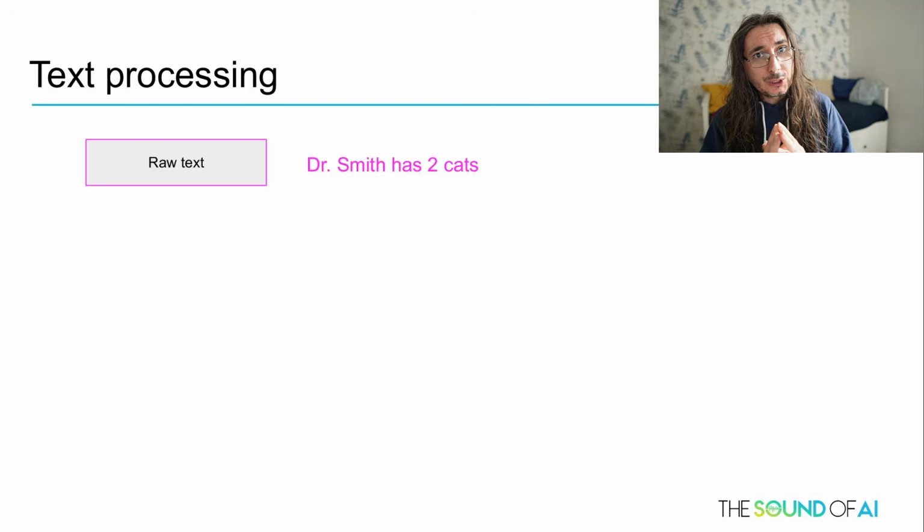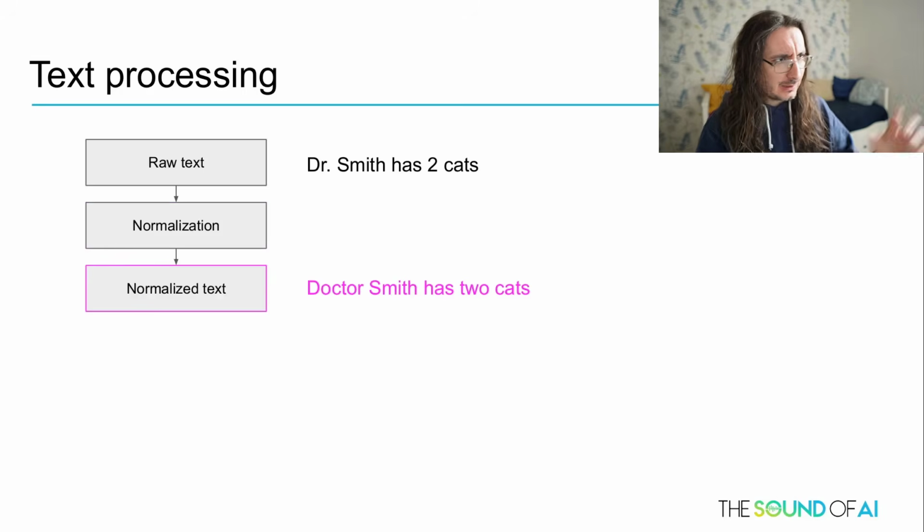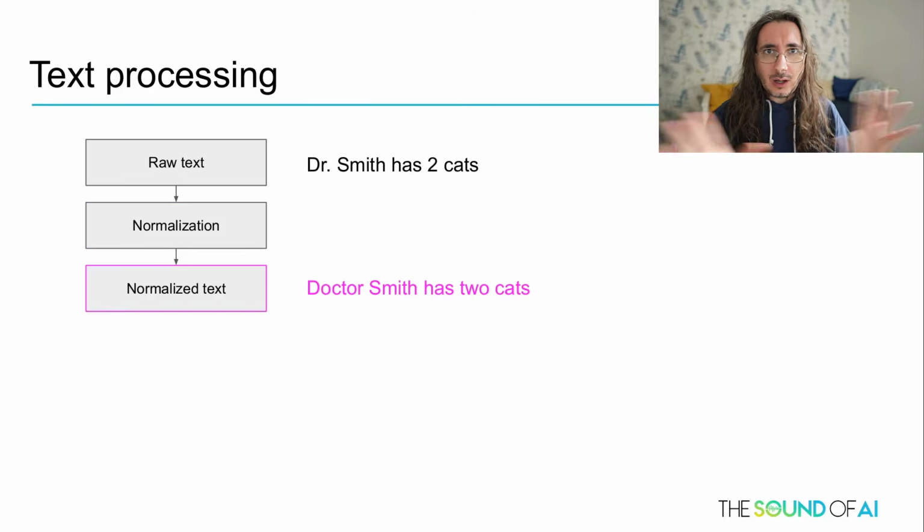Basically, we call this thing text processing. And it goes like this. We start with the raw text. In our case, it's Dr. Smith has 2 cats. Then we do a normalization onto that text so that we get the normalized text.